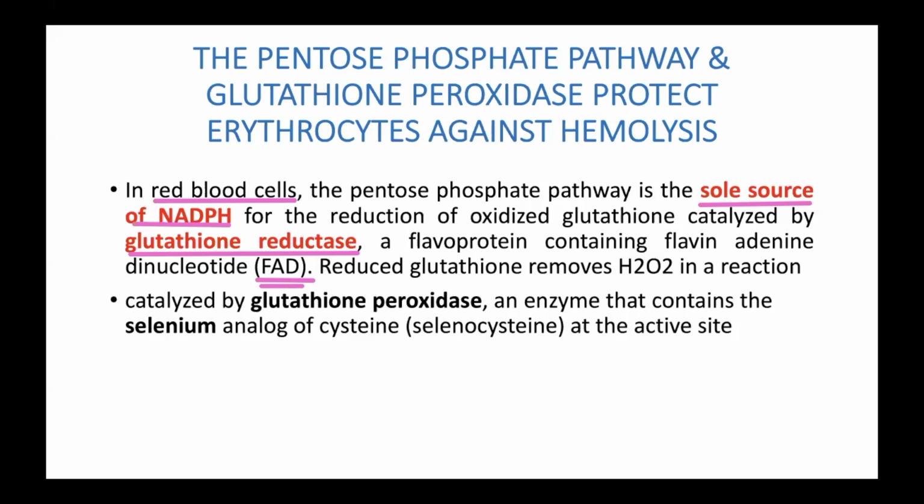Selenium is an analog of the amino acid cysteine, particularly selenocysteine. Now, question: what is considered to be the 21st amino acid? Very good. The 21st amino acid, based on its pK value, is selenocysteine. Now, question: what fat-soluble vitamin is synergistic with selenium?